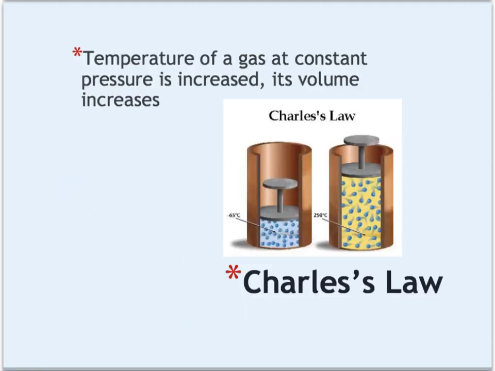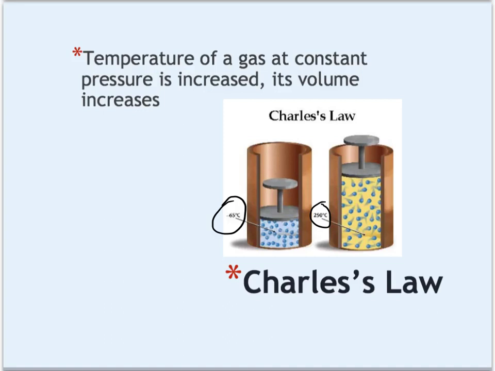Okay, let's start here. Charles's law. This is something that we took a look at the end of last week. When the temperature of a gas at constant pressure is increased, its volume also increases. As you take a look here in the diagram, you can see we have negative 65 degrees Celsius and 250 degrees Celsius.